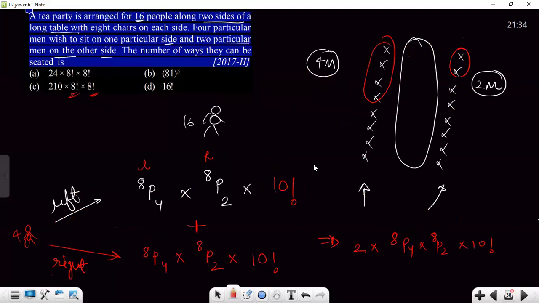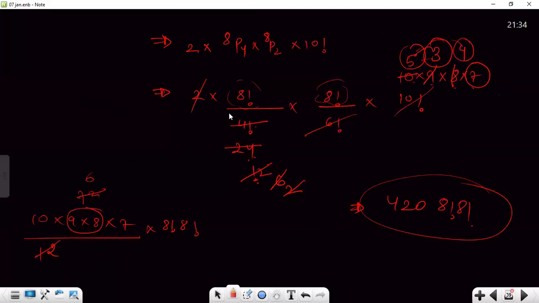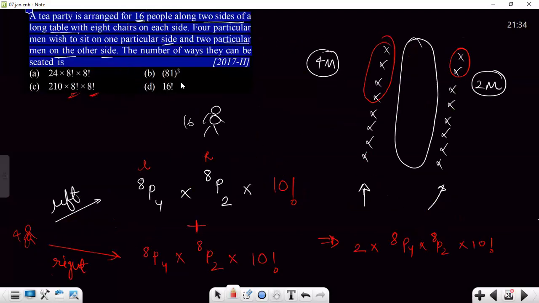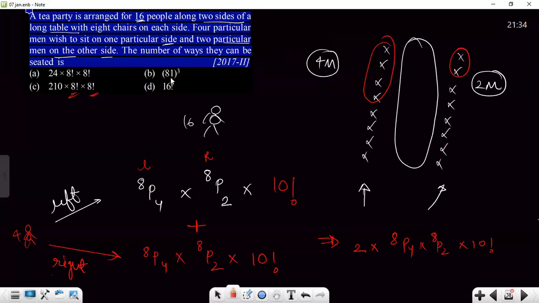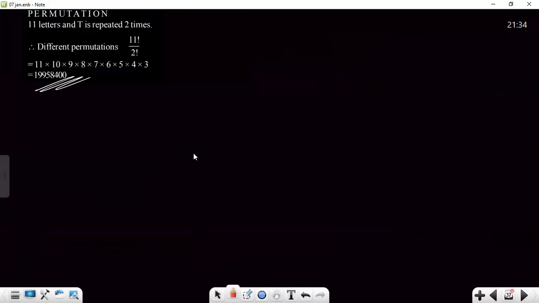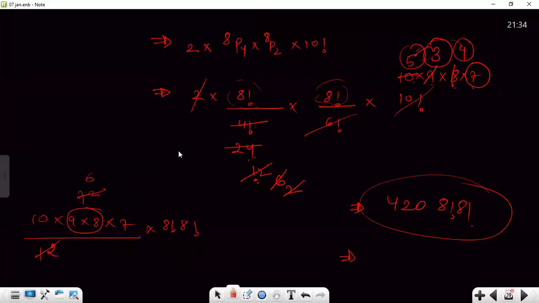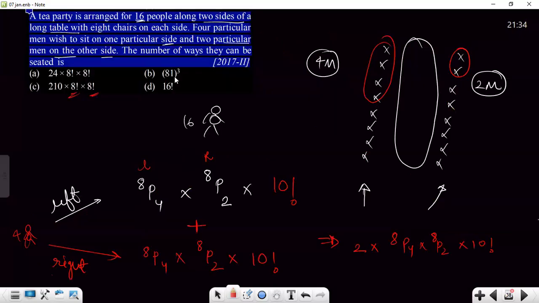We're just getting confused. So there must be some different answer. Now we'll have to solve this whole thing, and this is 8 factorial cubed, I guess. Is it? No, this is 81, I guess.